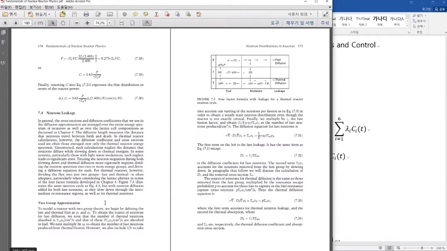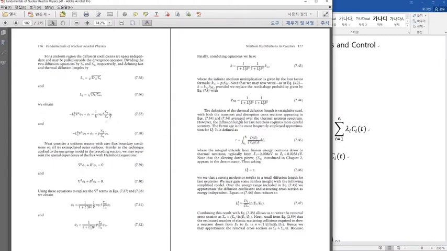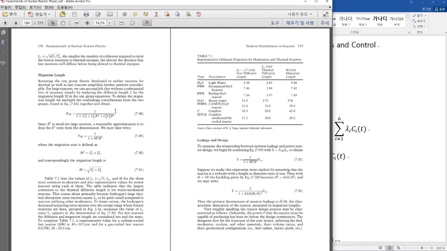And if we apply the two-group approximation, then after all these procedures, what we eventually get is that instead of L squared, we are able to introduce M squared. It is called M squared, the migration area.